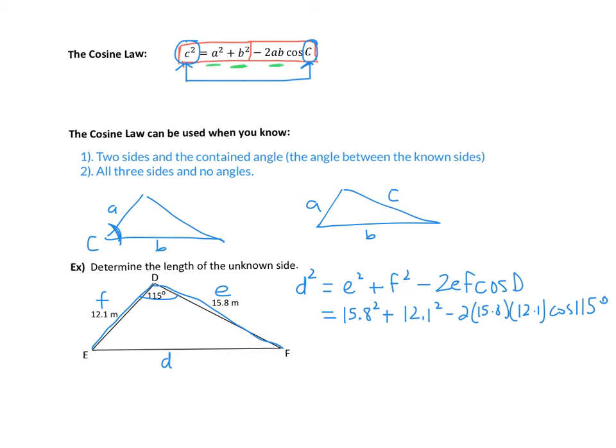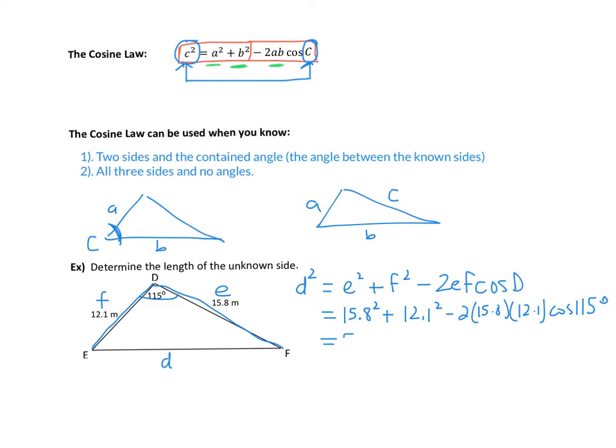Now, I strongly recommend putting this into your calculator all in one fell swoop. So on my calculator, I don't have a fancy one, I'm just going to go 15.8 squared plus 12.1 squared minus 2 times 15.8 times 12.1 times, and then I have to do my angle 115 and then hit cos, and then I'm going to hit equals.